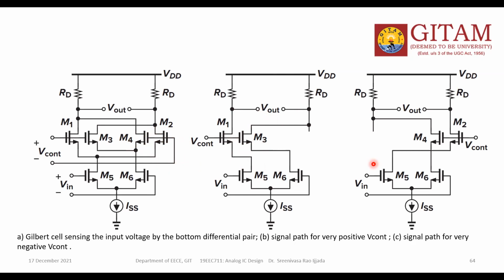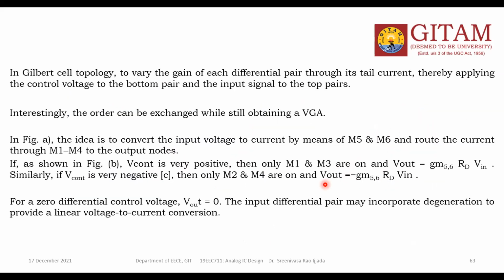For negative value, these two are on and these are open, so this is the path.